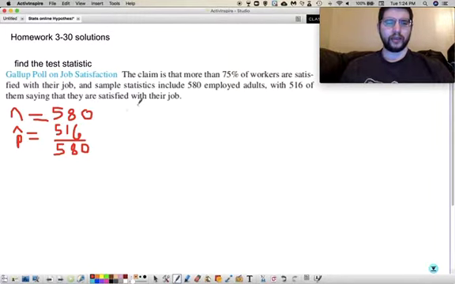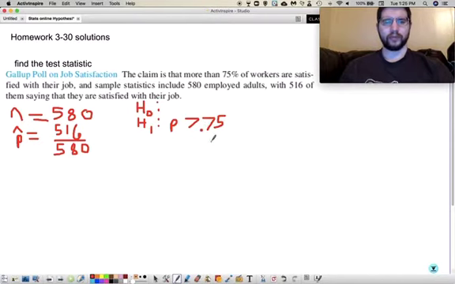And I'm going to go ahead and write down my null and alternative hypotheses. Even though we're not doing a hypothesis test, I still need to know what we're looking at here. So the claim is that more than 75% of workers are satisfied. Well, that's more than, and that's a proportion.